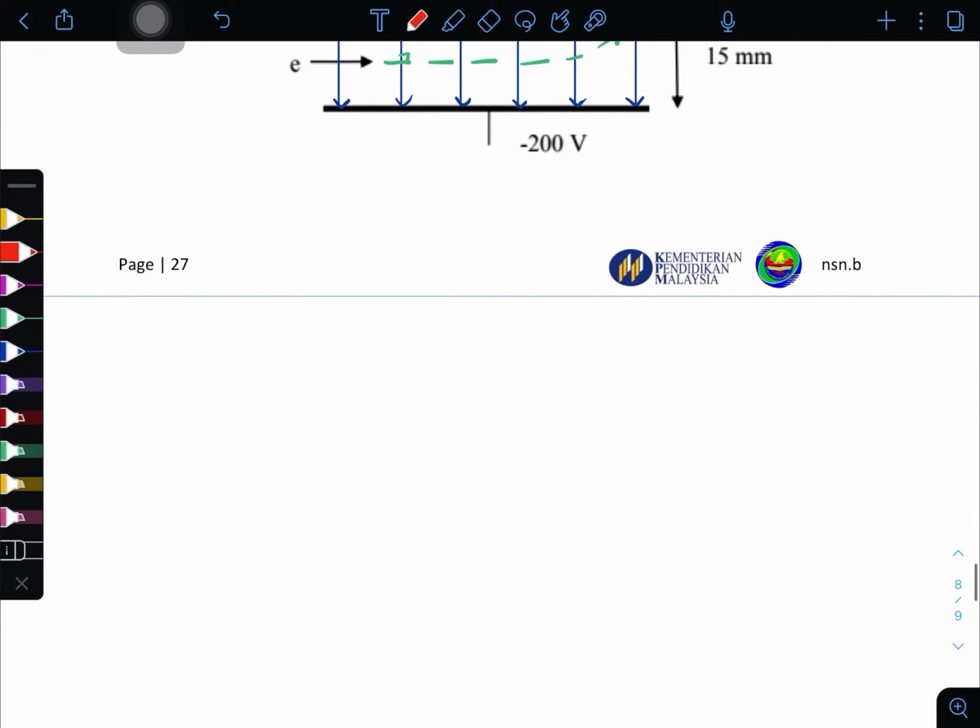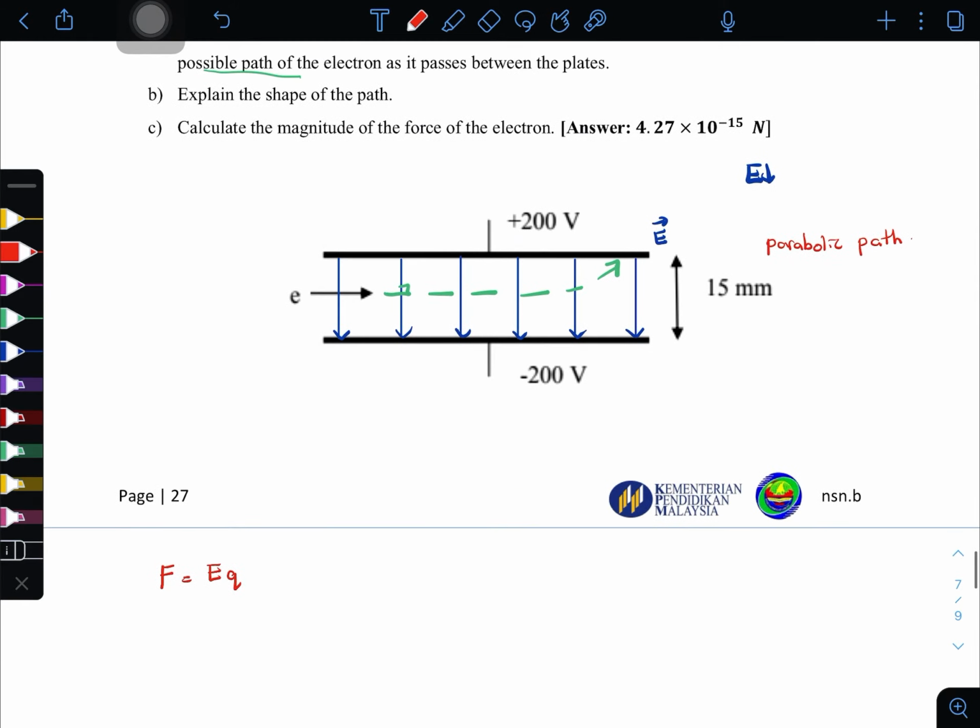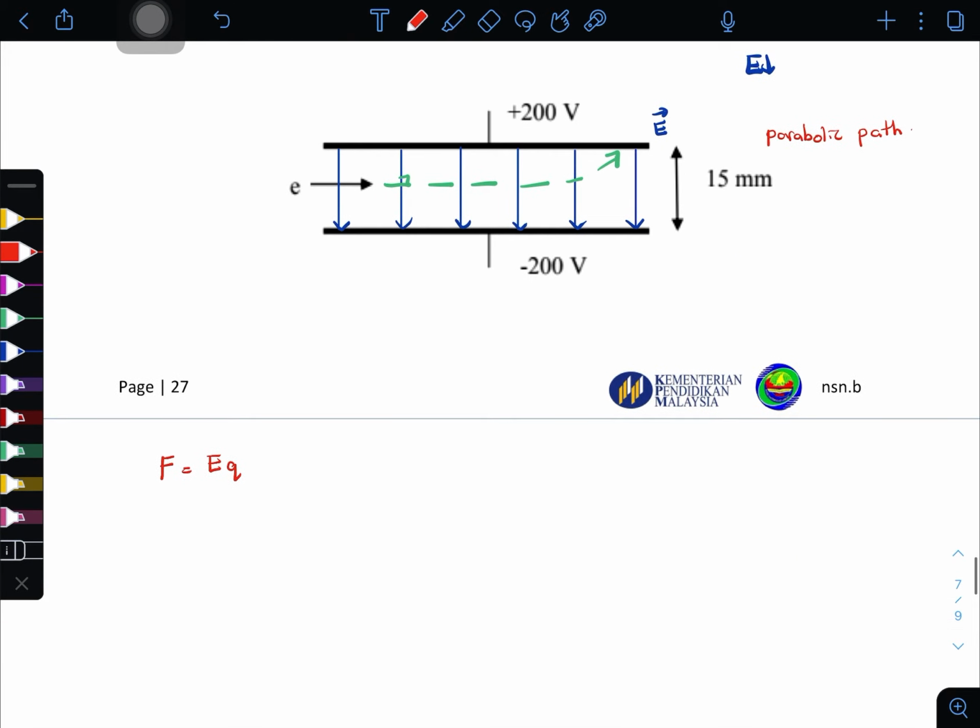We know that force, formula yang kita ada ialah, sebab dia ialah plate, F is equals to EQ. Okay. And we only have here, the first one info yang kita ada.